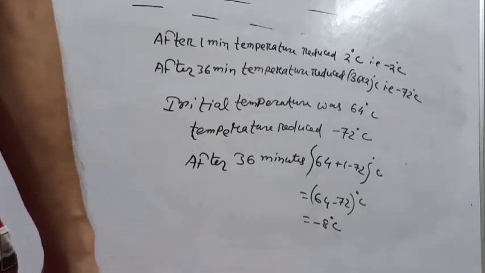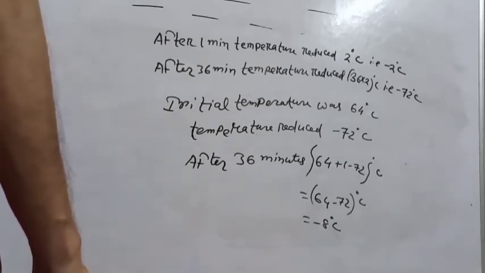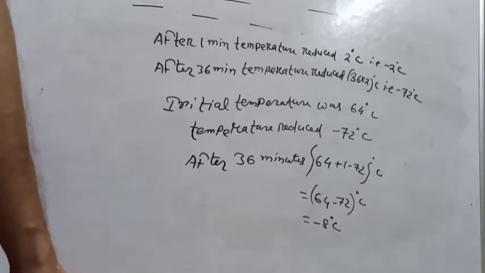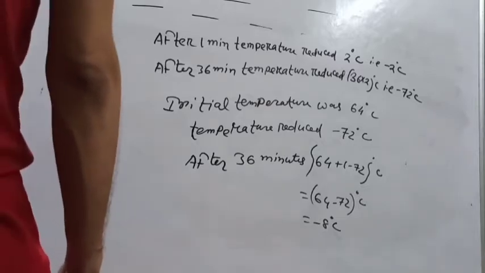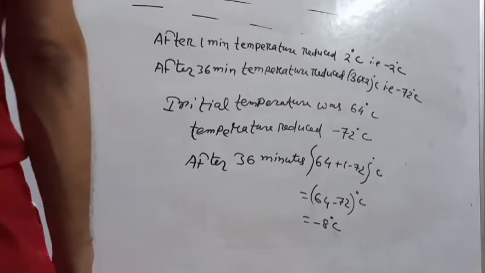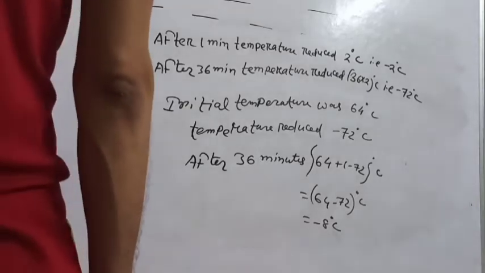Next we have a submarine at sea level. It goes underwater at 8 p.m. and begins to descend, means goes down under the sea, at a rate of 8 meters per minute.